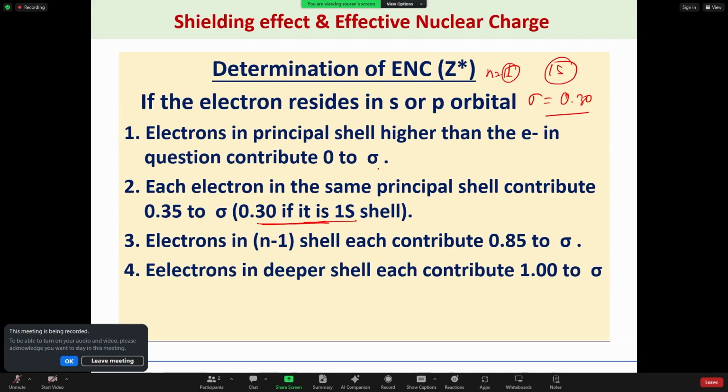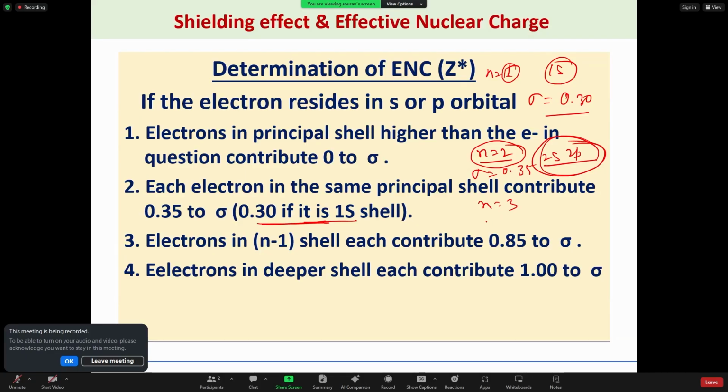But suppose n equals 2, your principal quantum number n equals 2. According to this, you will have the 2s and 2p orbitals. For that quantum number, the sigma value will be 0.35.